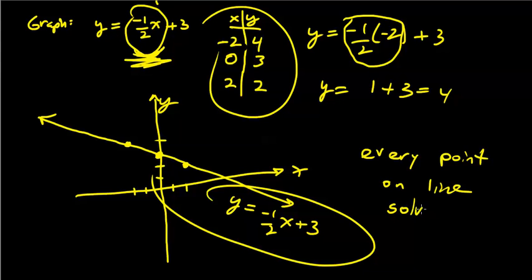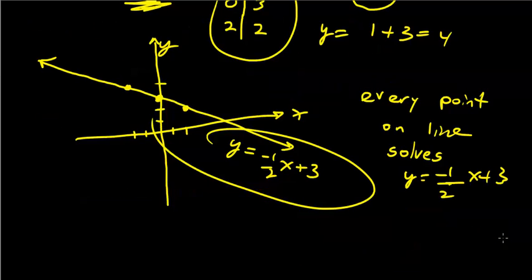Every point on the line, or I should say every coordinate of every point on the line, solves the equation y equals minus 1/2 x plus 3. Okay? I know we've done this before, so let's run right to another example.